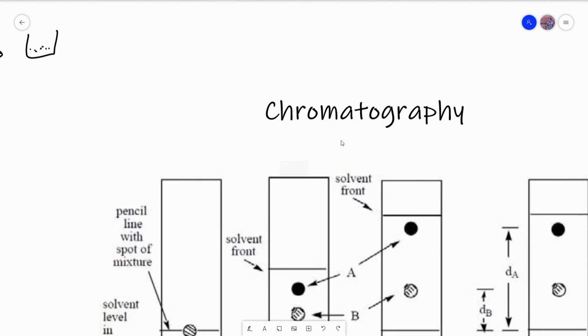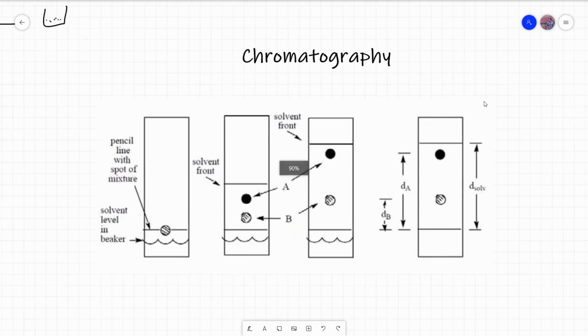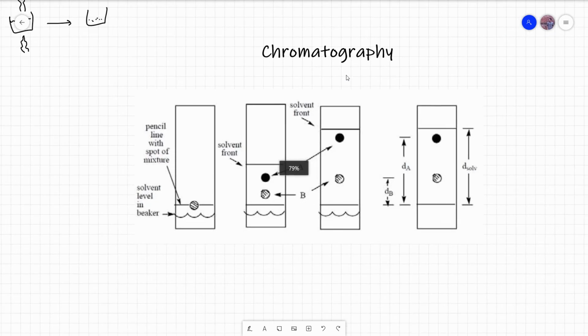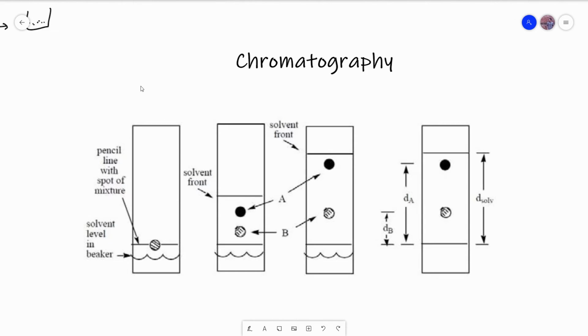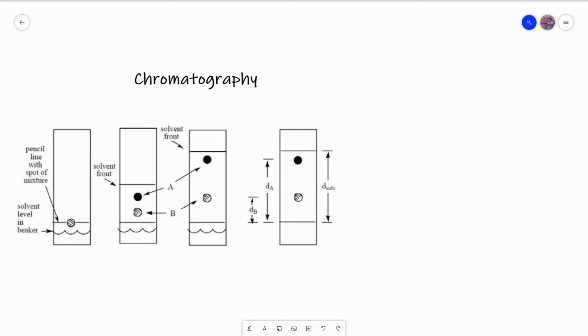Lastly, we come to chromatography. Chromatography is the idea of separating two or more miscible liquids. The entire process consists of two phases. In paper chromatography, the stationary phase is the paper. So as you can see here, the process goes in the flow from left to right.